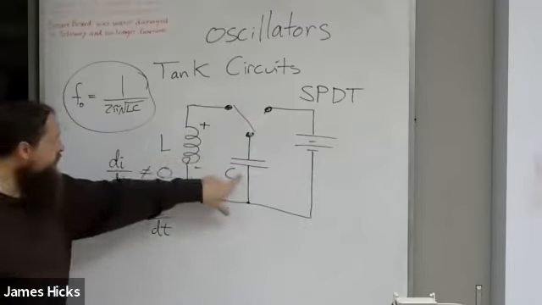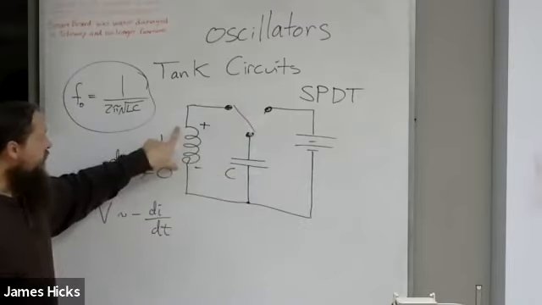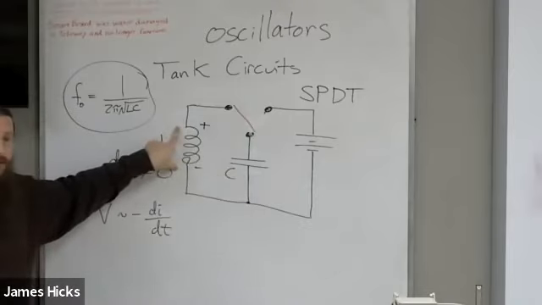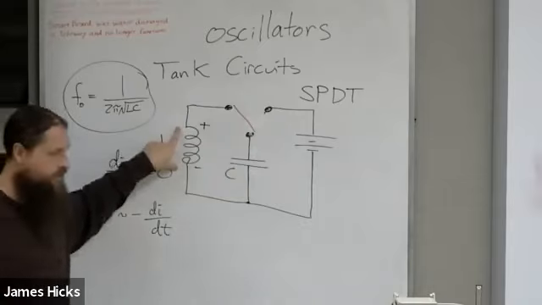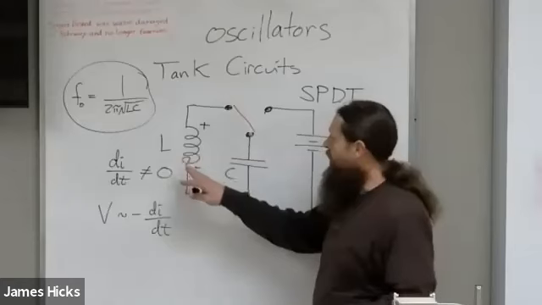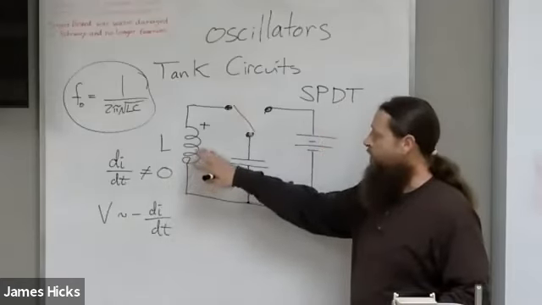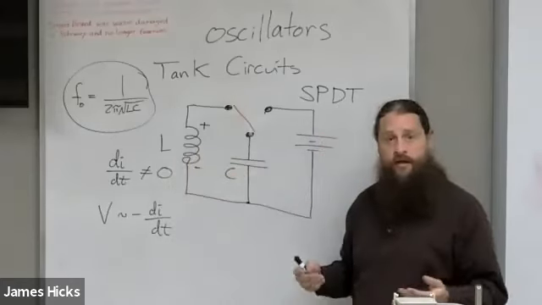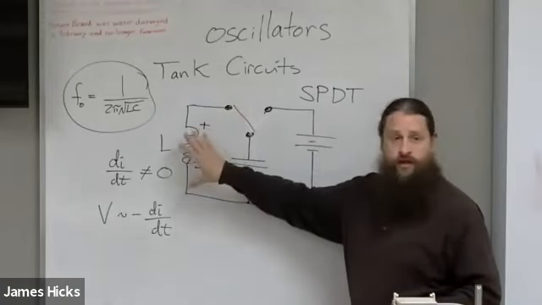As soon as this current goes to zero, I don't have any more magnetic field in my inductor. Sometimes when you read about this, it talks about the collapse of the magnetic field. That's what's going on here.